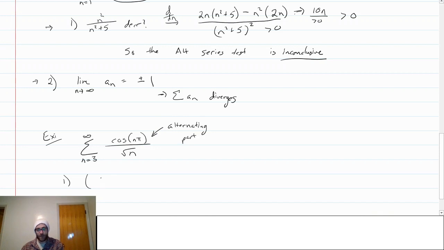So our a sub n, the thing times our alternating part, is just n to the negative 1/2. If we take its derivative, we see that this is negative 1/2 n to the 3/2. While it's not negative everywhere, it is negative on 3 to infinity. And that's the important part, because we don't care what happens beforehand, we care what happens at the tail end.